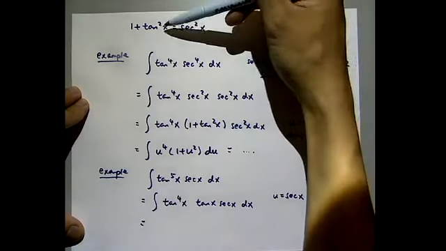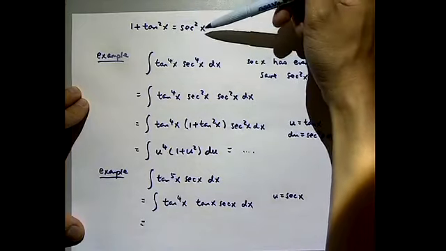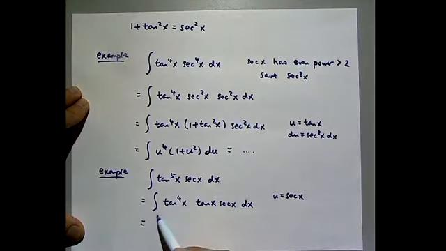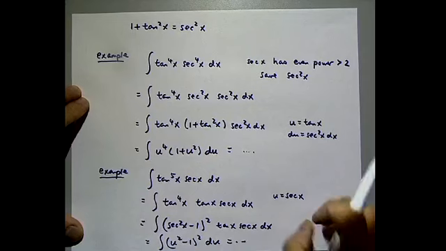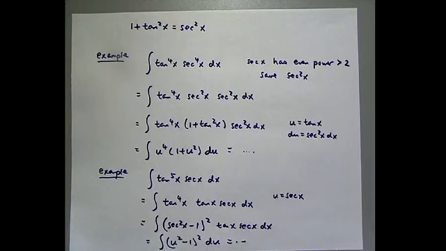Okay, so we look up here. Tangent squared is secant squared minus 1. So this is secant squared of x minus 1 squared. And this is my du. So that's u squared minus 1 whole thing squared du, which we can also integrate pretty easily.